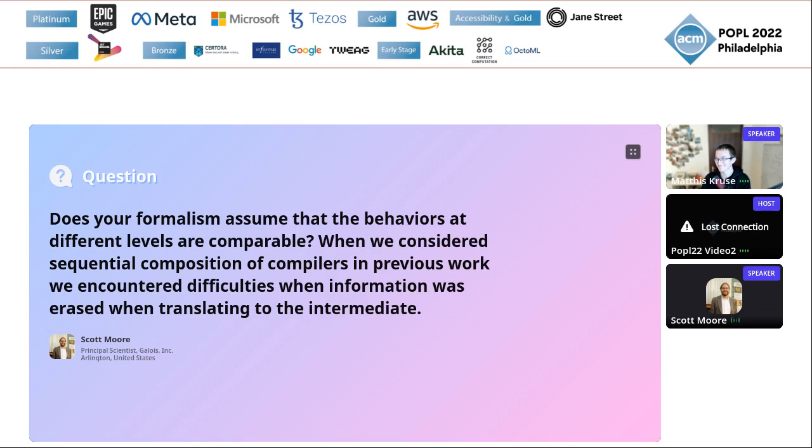So in particular, we encountered some difficulties where if you imagined there were events that you could observe at one level of abstraction and they were erased, you could reason about the lower level compiler preserving the things that it saw. But when you tried to do the composition, you sort of couldn't say anything about the behaviors that were erased. And so we came up with some really gross conditions for what you needed to have true about the behaviors at each level. And I was curious if you had thought about that or had some insights that we didn't.